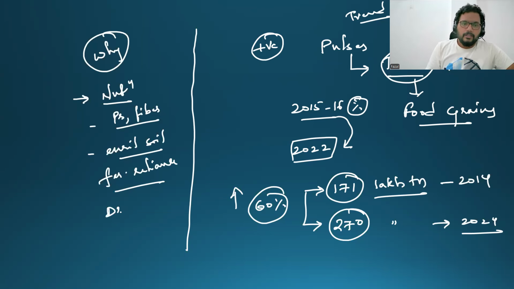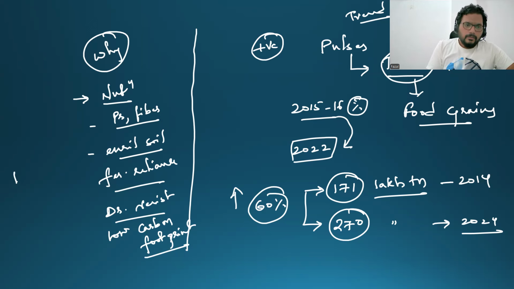And very importantly, these are drought resistant and have a lower carbon footprint. They act as a very, very important leguminous plant. That's the reason we are backing this production of pulses, because it has wide variations.